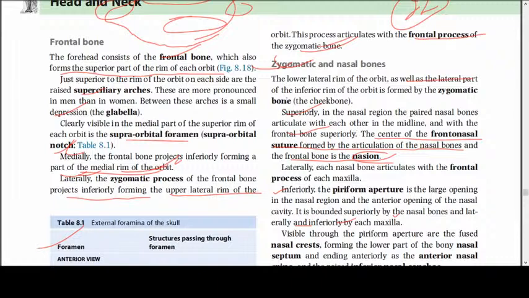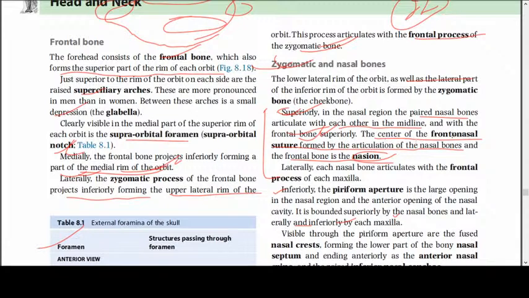Okay, we are studying the nasal bone. I got confused with the zygomatic one. Let's study it again. Superiorly in the nasal region, the paired nasal bones articulate with each other in the midline and with the frontal bone superiorly.